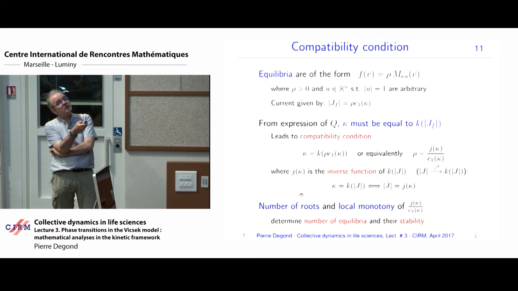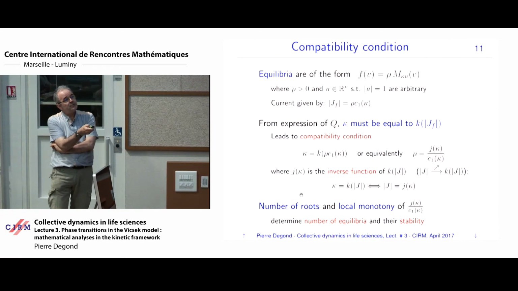But on the other hand, J, the current, is the integral of fv, right? And it's given by this rho times C1, the order parameter, which is a function of kappa. So on the one hand, I have this, and on the other hand, I have kappa that depends on J. So I have essentially a fixed point equation to satisfy, right?